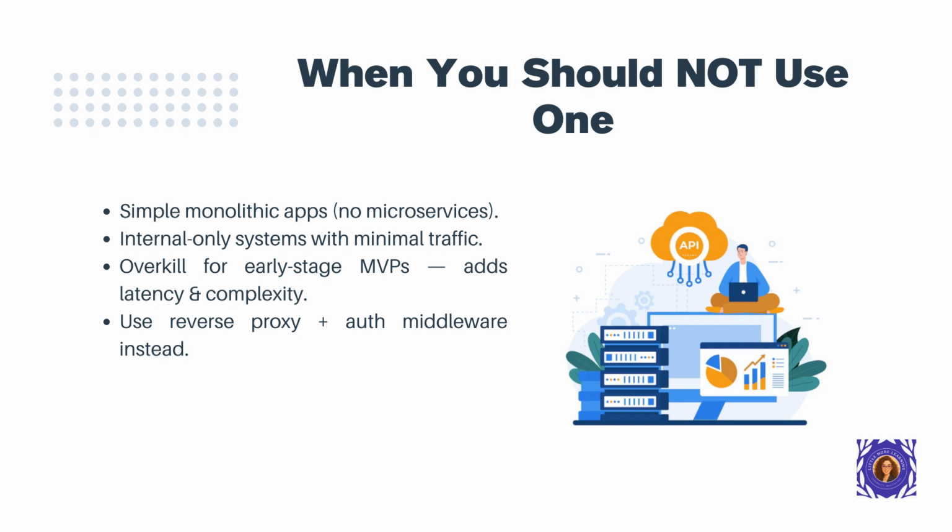For early-stage MVPs, gateways can introduce additional latency and complexity that slow down development. In these cases, a simpler reverse proxy with an authentication middleware might be a better solution. Remember, architecture is always about trade-offs. Choose the right tool for your specific context and stage of development.